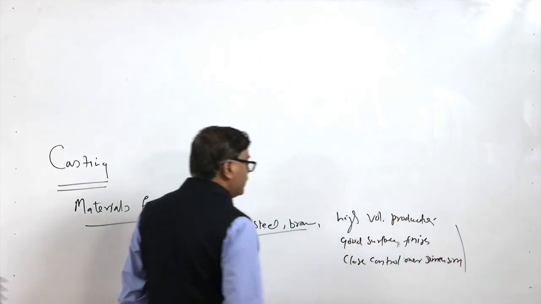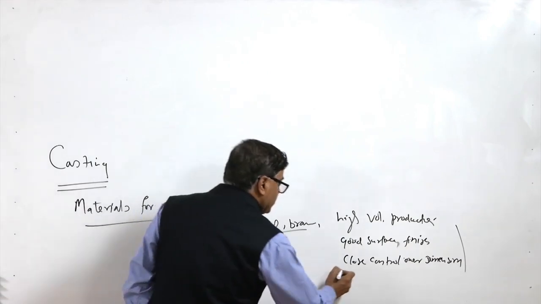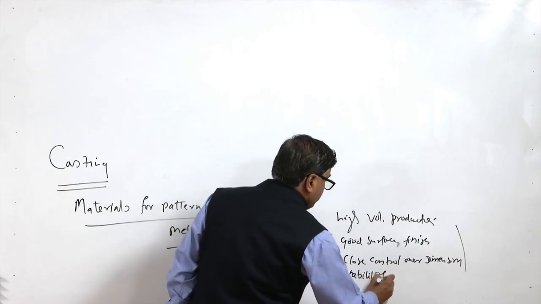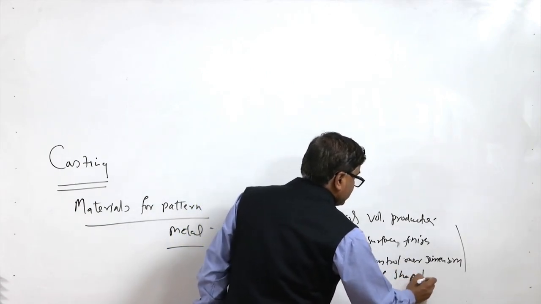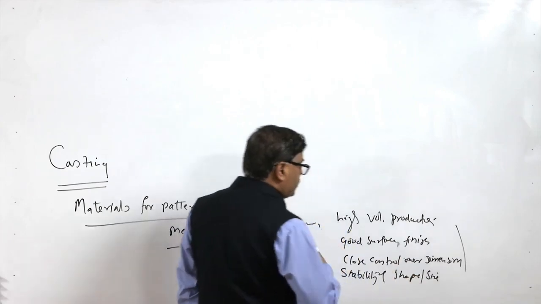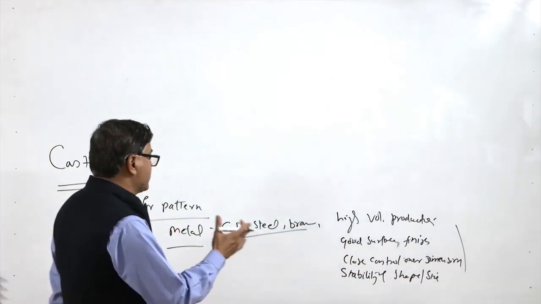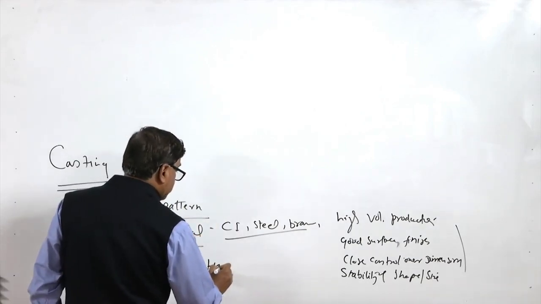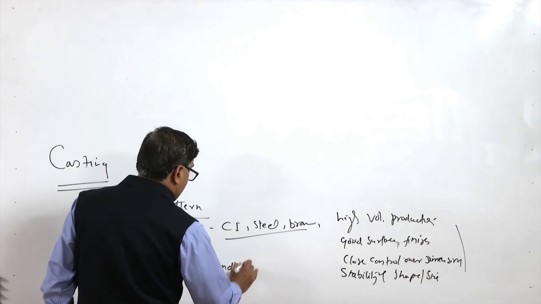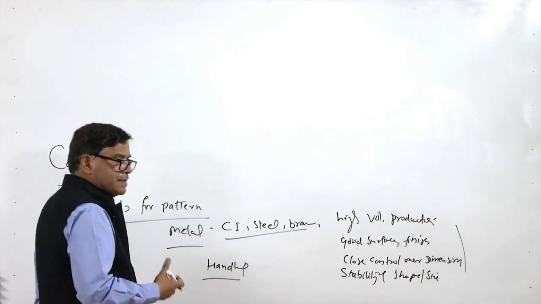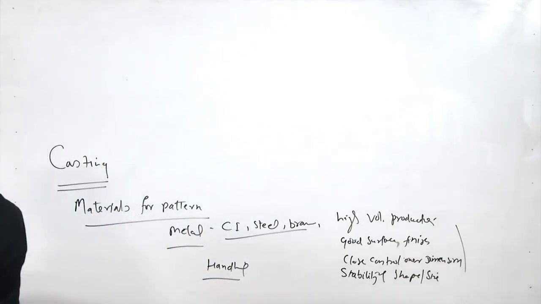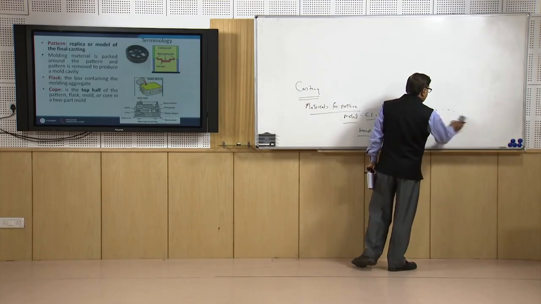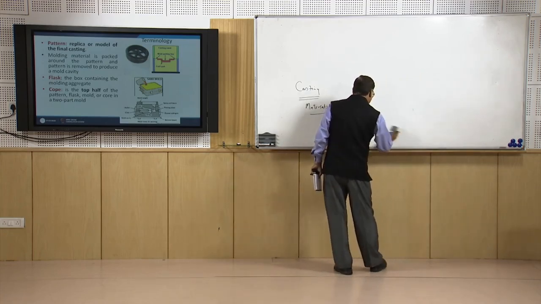So, these are the very good sides, and the stability of shape and size, and there is no moisture absorption, the wear resistance is also high. So, these are not the problematic, the problem is handling. Because of high density, since these are heavy, handling will be difficult. It will lead to more fatigue to the operators or the person who is doing the molding.